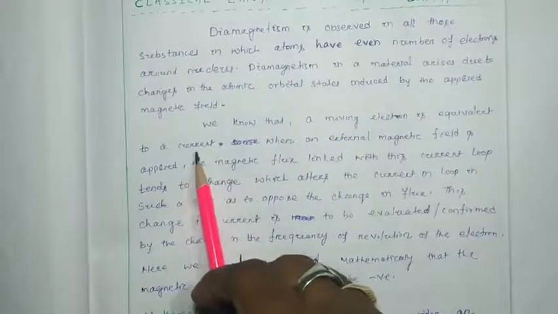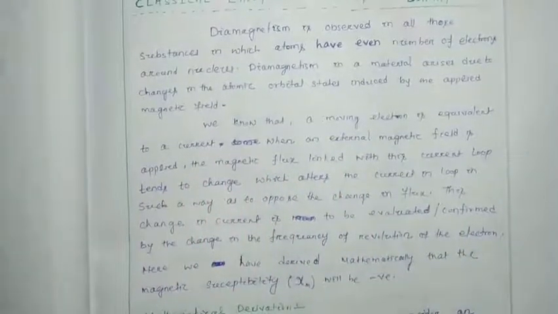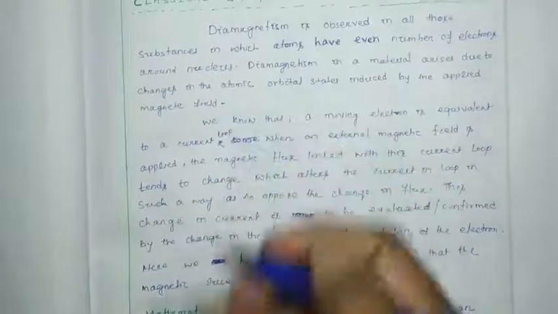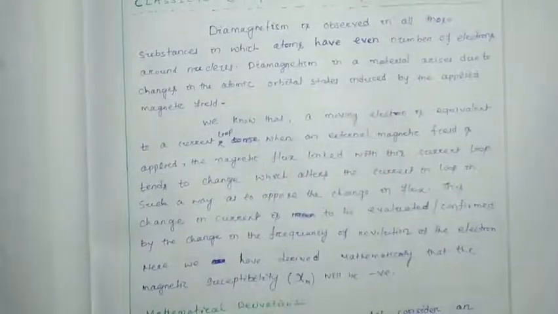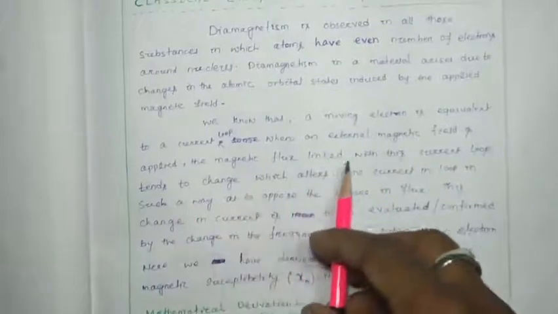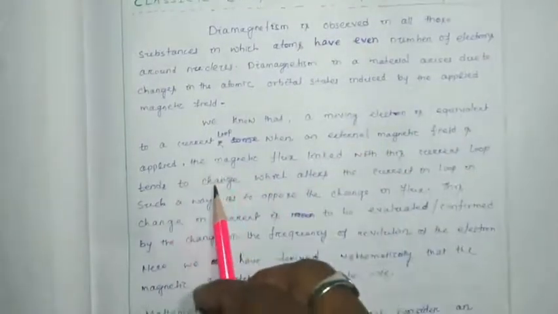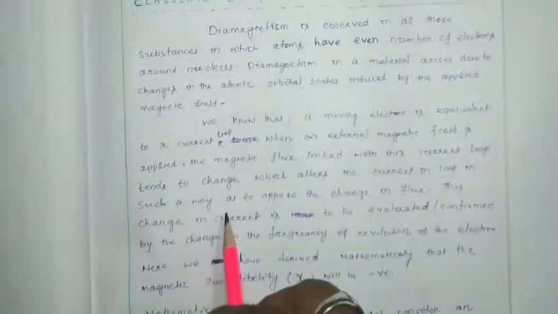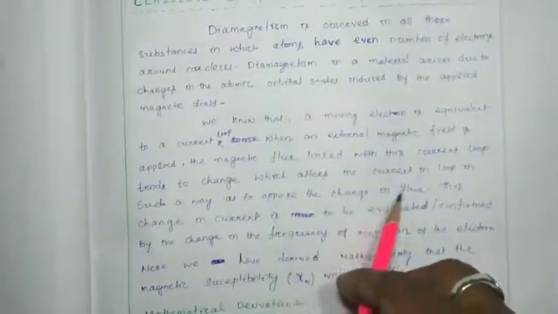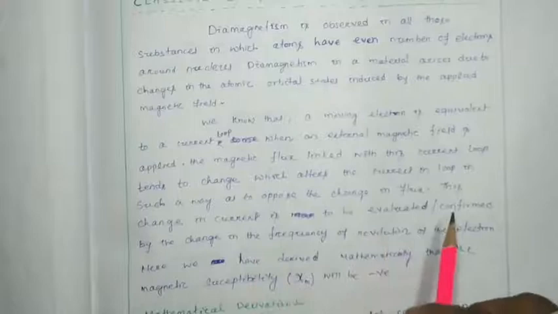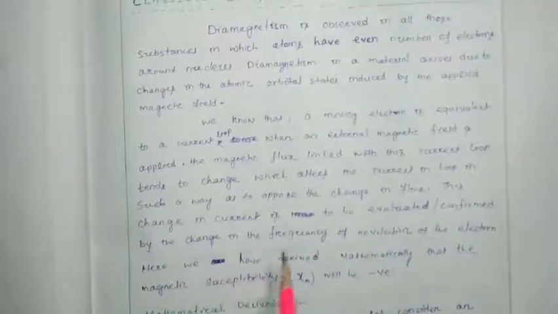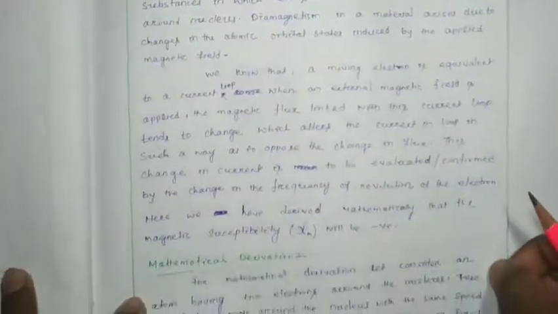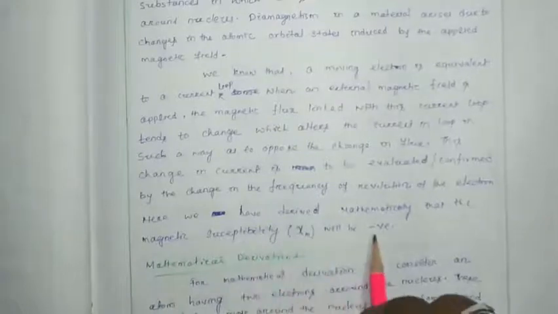When an external magnetic field is applied, the magnetic flux linked with this current loop tends to change, which alters the current in the loop in such a way as to oppose the change in flux. This change in current is accompanied by a change in the frequency of revolution of the electron. Here we derive mathematically that the magnetic susceptibility will be negative.